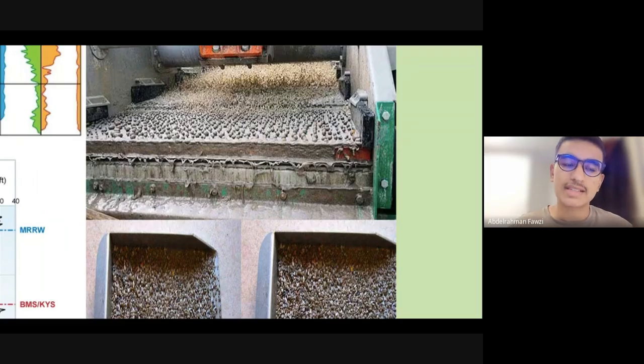We can understand its type, whether it's shale, whether it is sedimentary rock, sandstone, dolomite, limestone, or whether it is igneous rock, like for example basalt and granite. Because basically, if we have basalt, for example, you understand that the drilling is gonna be harder, and based on that, you need to prepare yourself for the other wells.